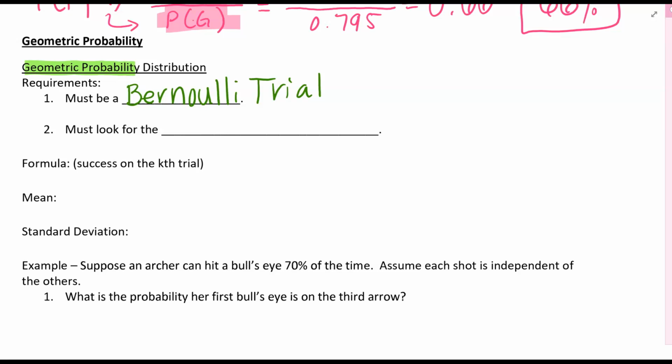At a basketball game, if I throw a free throw, I'm either going to make it or I'm not. So I only have 2 options. You have a probability of success and a probability of failure, okay? So that's what a Bernoulli trial is: you have 2 outcomes, one of them is a success and the other is a failure.